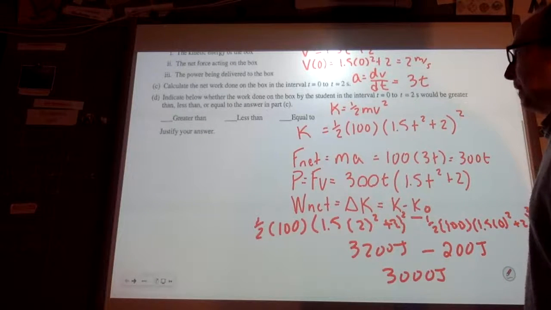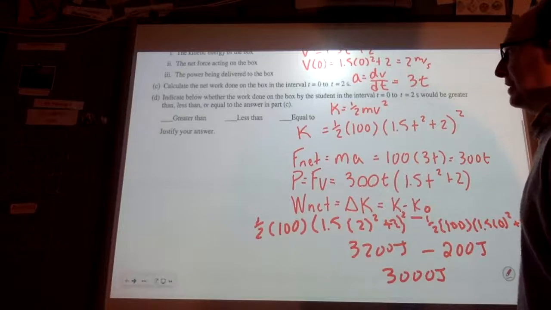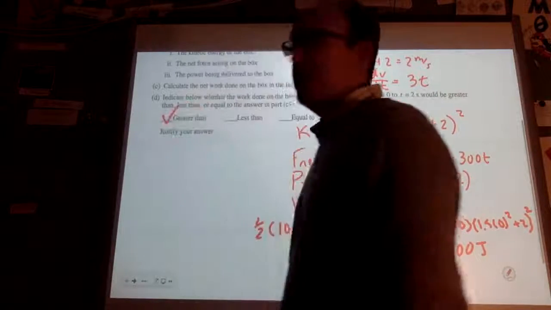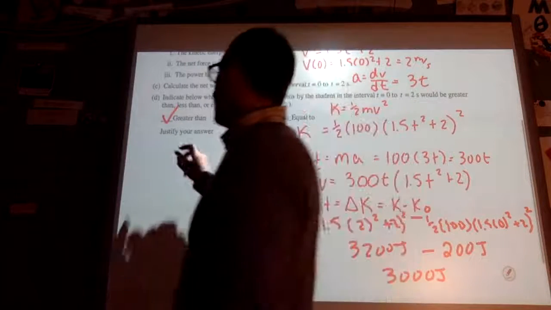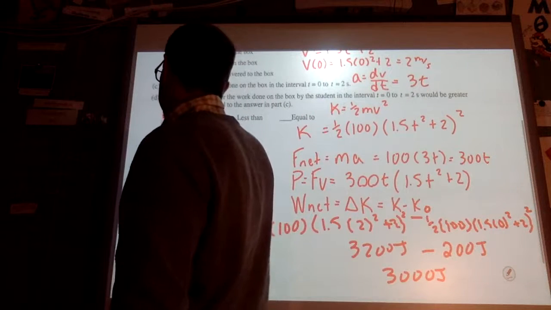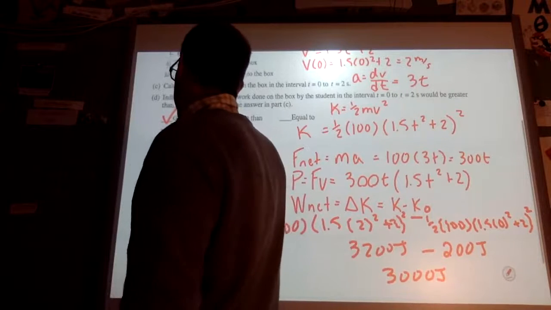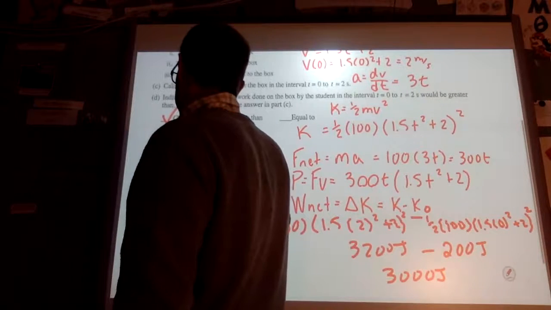Would the work done on the box be greater or less than the answer in part C? It would be greater. How do I know that? They tell us in the description that it's a rough surface. So there must be some work done against friction.